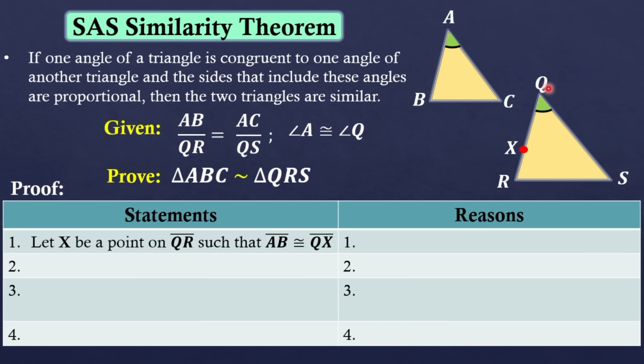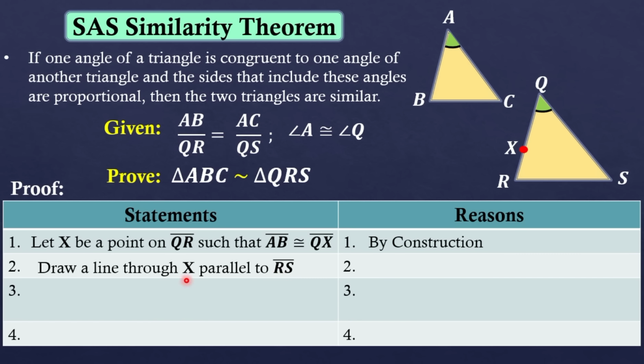And then from here, ito raw po si segment AB is congruent to segment QX, by construction po yan. So, ituloy po natin. Draw a line through X parallel to segment RS. So, from your point X, mag-draw daw po tayo ng line parallel to RS.